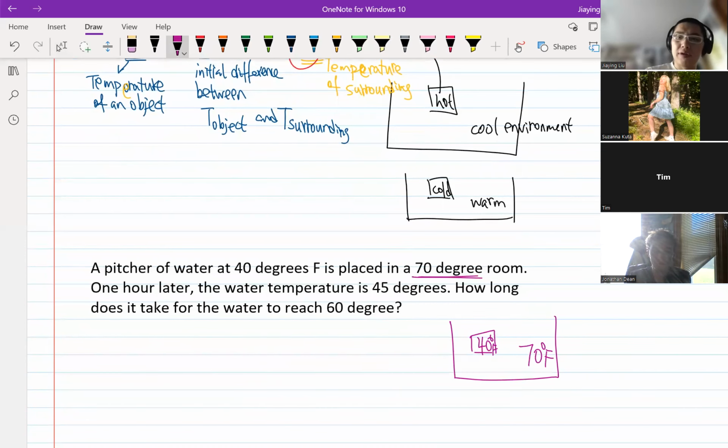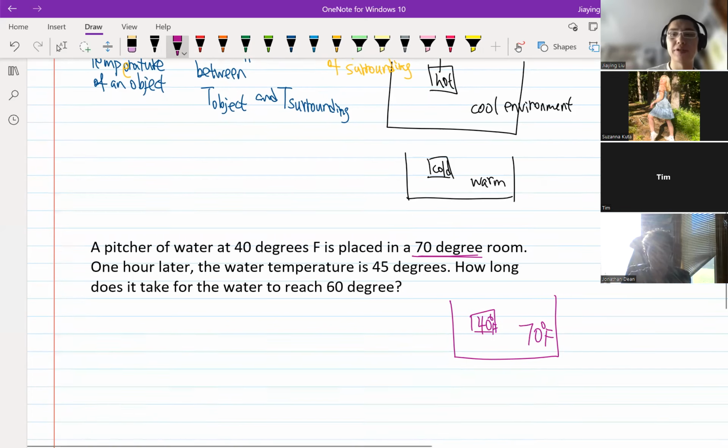One hour later, the temperature of the water in the pitcher is 45 degrees. And we want to know how long it takes for the water to reach 60 degrees. Because the room has a temperature of 70 degrees, the water temperature is going to keep rising over time, right? We just want to know how long it takes to get to that point, 60 degrees.